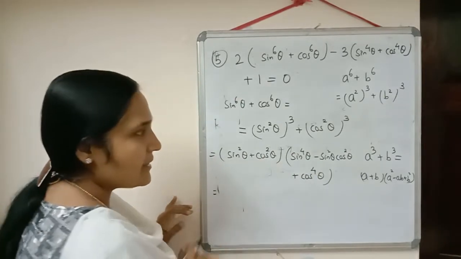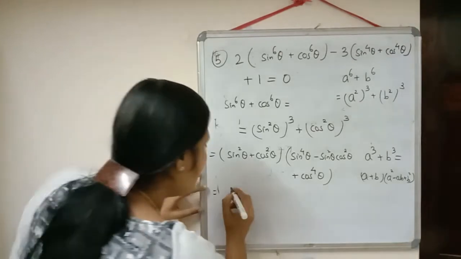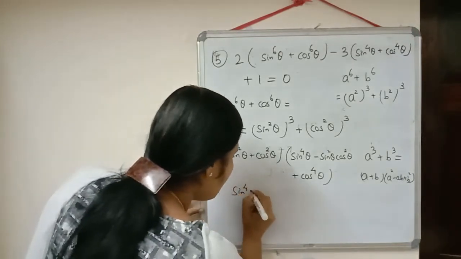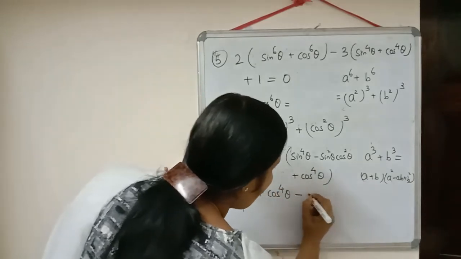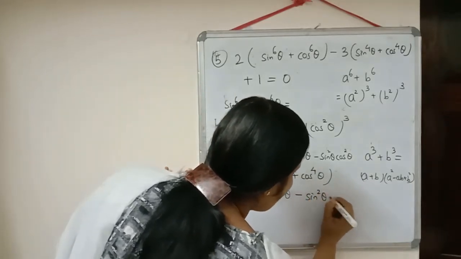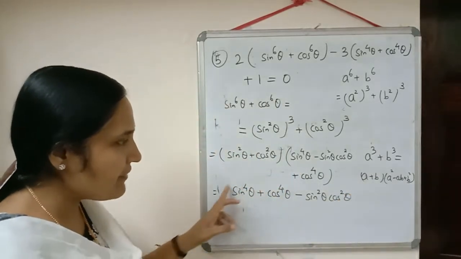Sine square theta plus cos square theta will be equal to, again that will be equal to 1. So remaining we have here sine raised to 4 theta plus cos raised to 4 theta minus sine square theta cos square theta. So again we have to simplify this one.